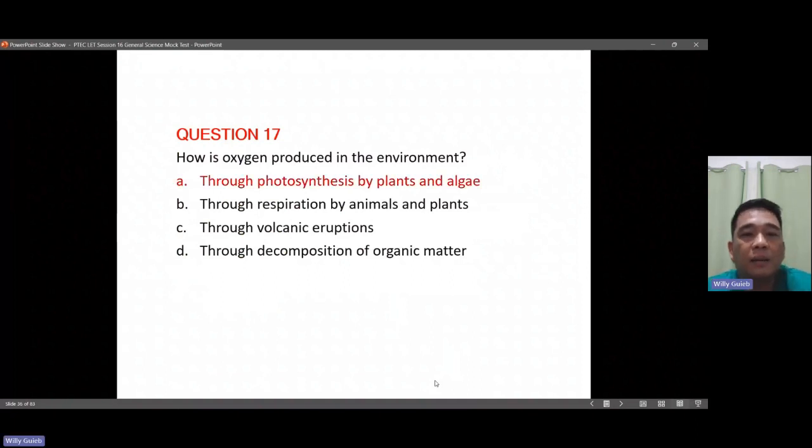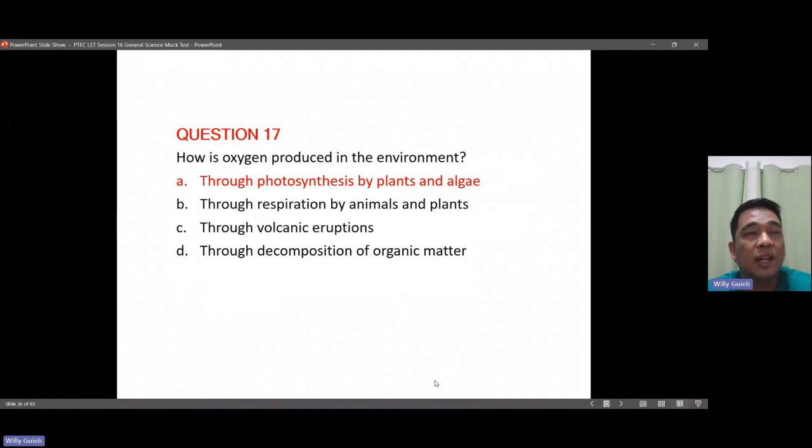Mga kapitek, the photosynthesis process is believed to be the essential activity of the earliest organisms, like the algae, that produced the needed oxygen for life balance to exist in the atmosphere.